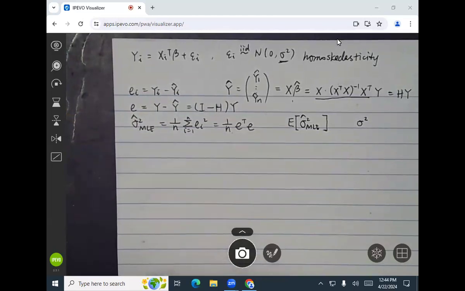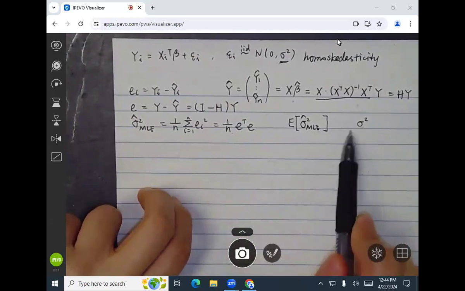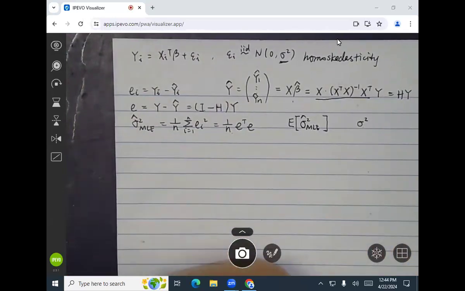Even for a small sample size, where the central limit theorem may not hold that well, we still want the estimator to be unbiased. So we hope this unbiasedness doesn't depend on the sample size.